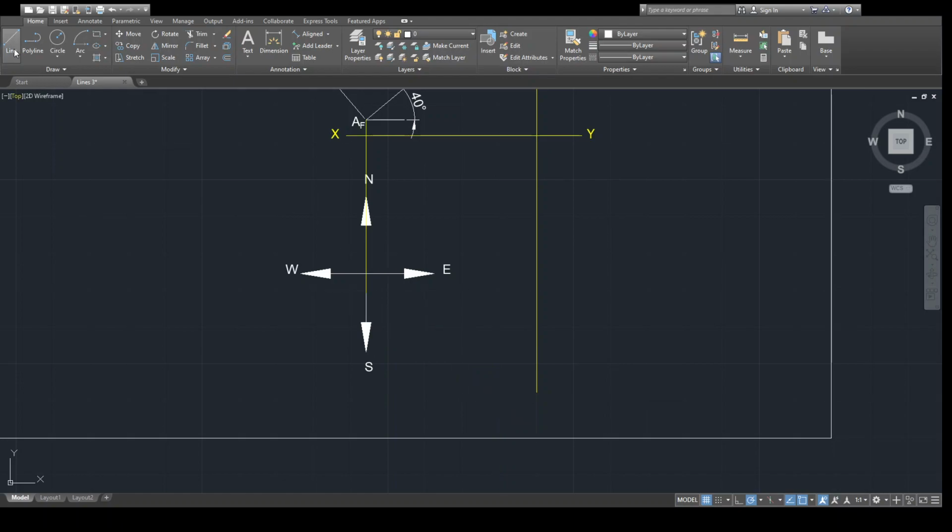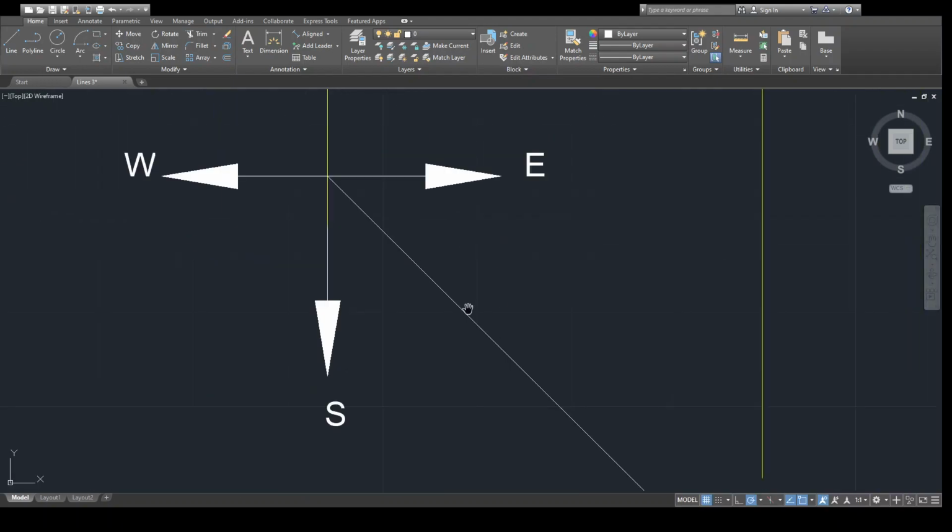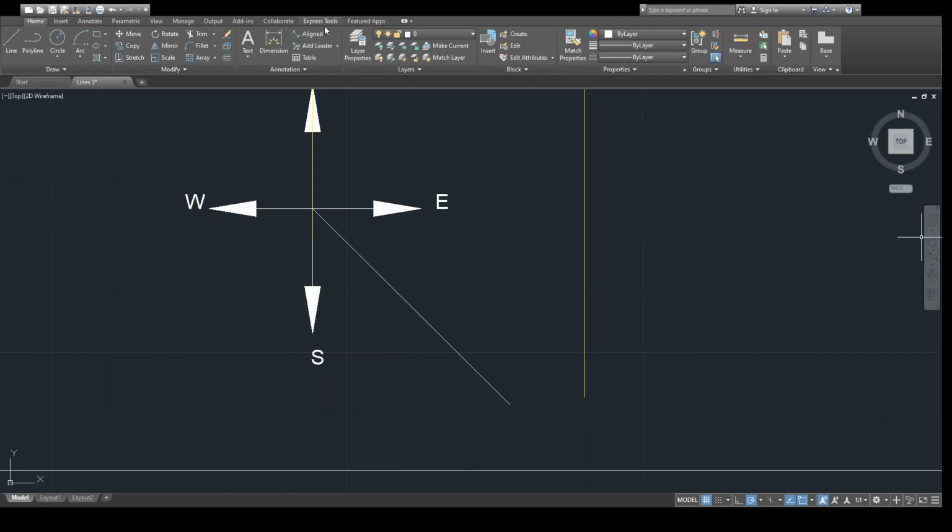S45E, one more time I will draw 45. So this is the line S45E. Let me cross-check. Yes, it looks the same. Okay, S45E.